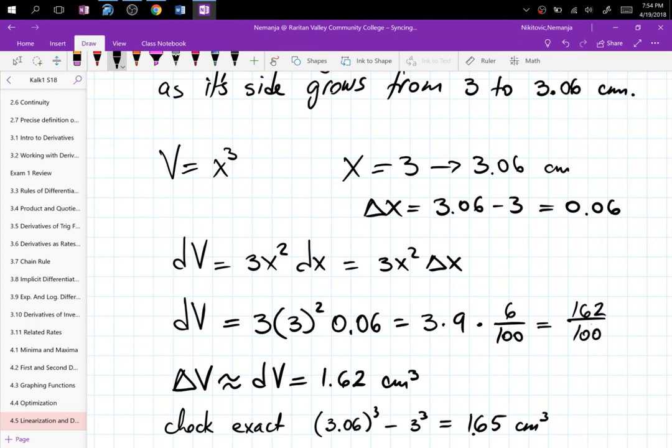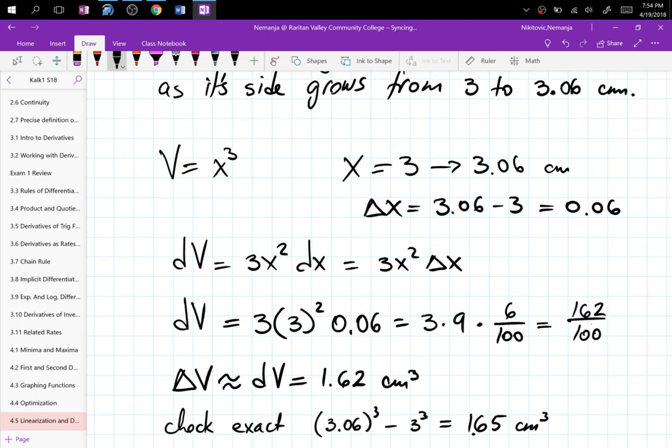So you understand that the reason why you don't worry about these things is because you have the calculator. 50 years ago, you'd go 3.06 times 3.06, and then when you're done with that, times 3.06, to get that number minus 27 to compute.